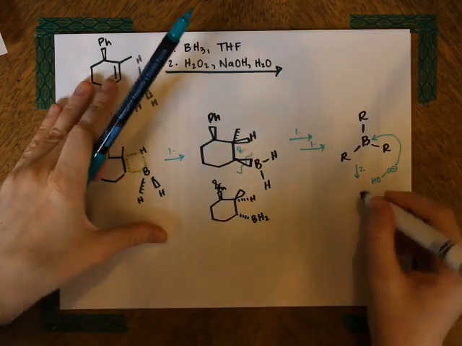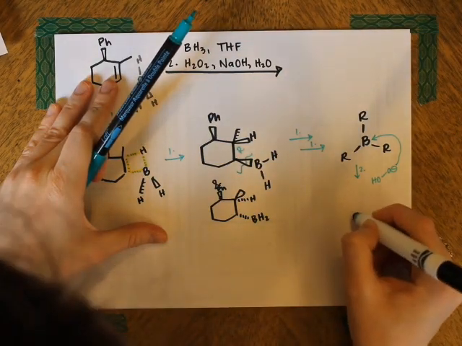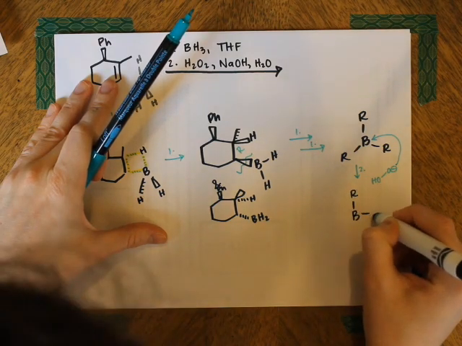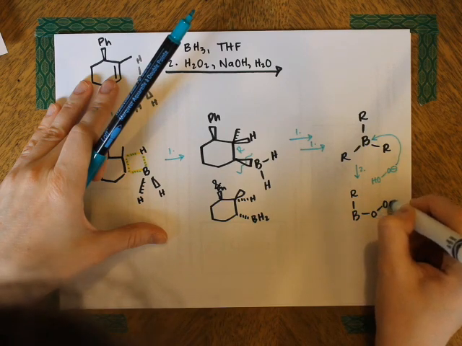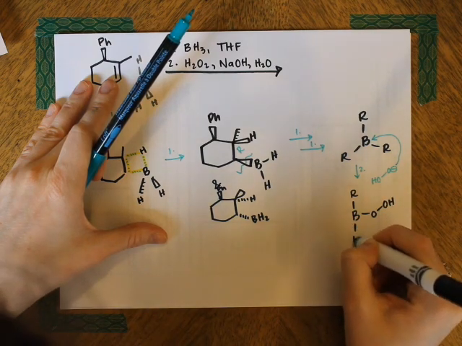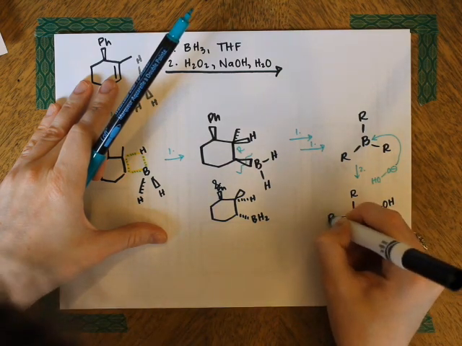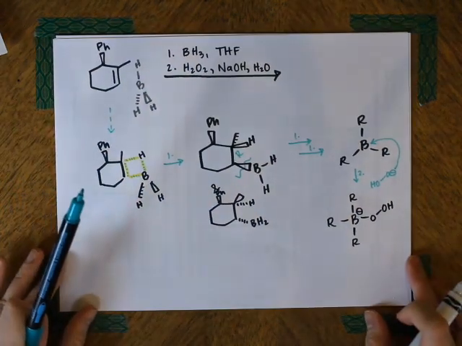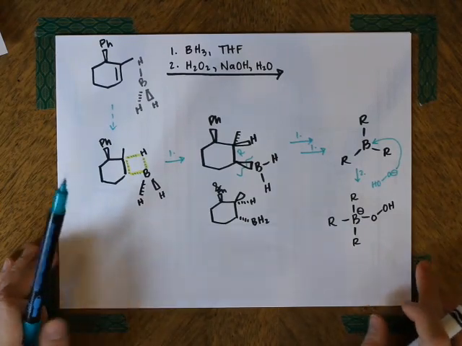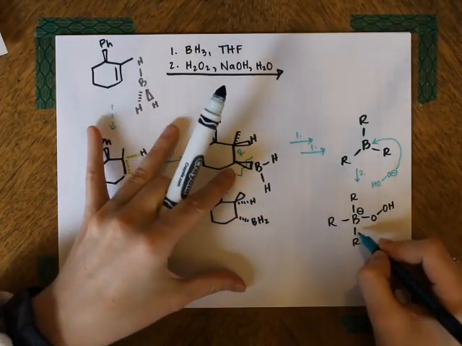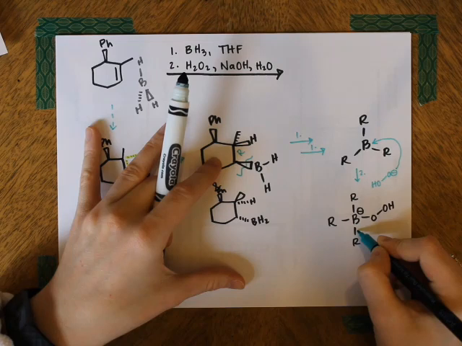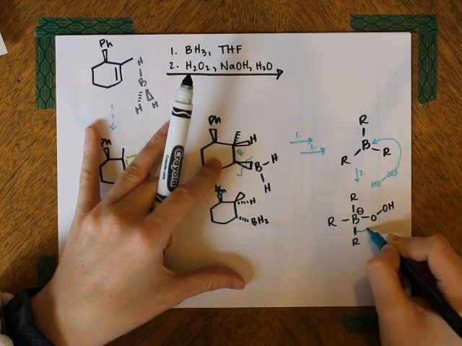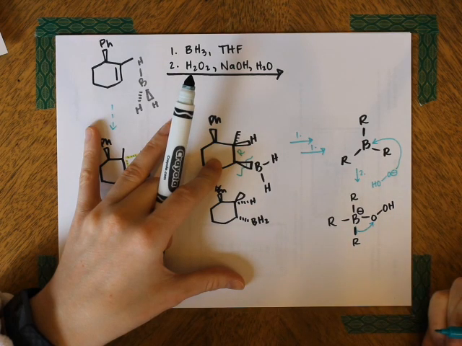And so I'm going to end up making something that's very interesting. I'm going to end up making this. And so what happens in this reaction is I do this weird push-pull mechanism. So I take this bond right here and I move it over, I attack that oxygen. That's the push part.